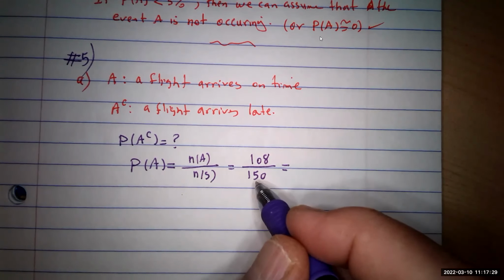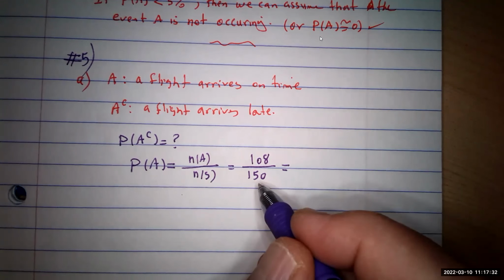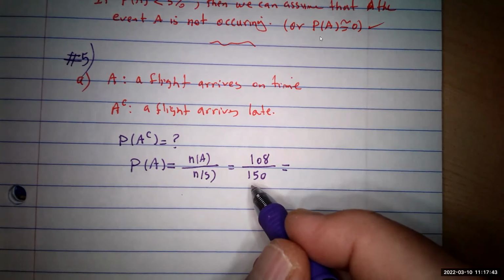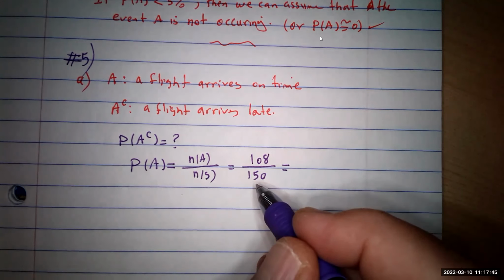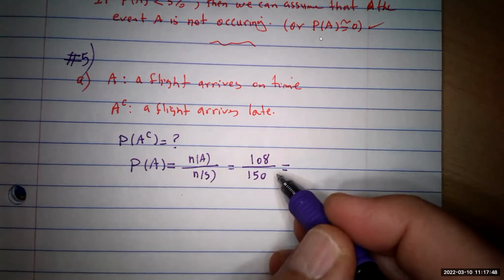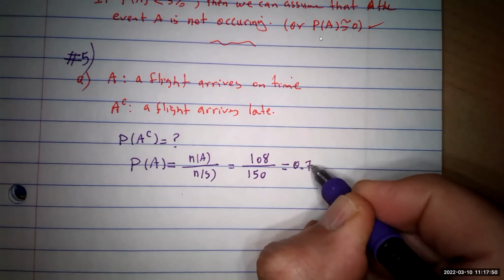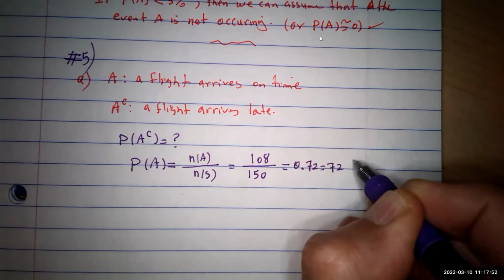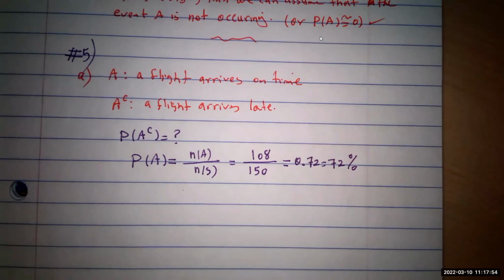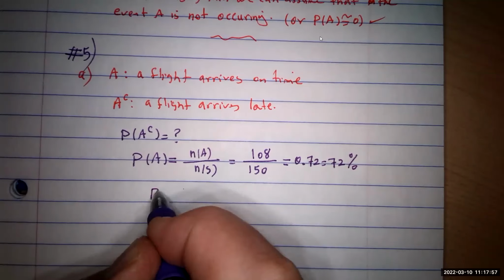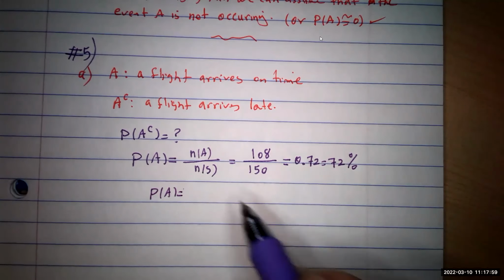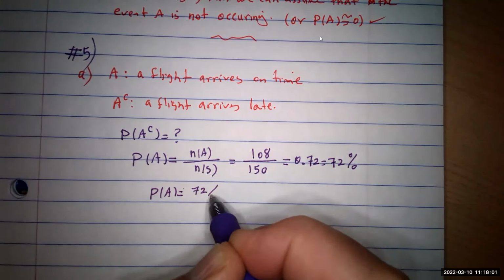What's the number for this one? 0.72, yes, that is correct. 0.72, which is 72%. So the probability of getting an on-time flight is 72%.